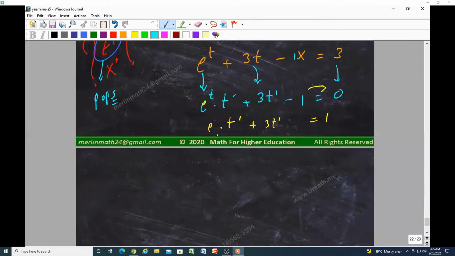You cannot add those, but you can take t prime as a factor. When you cannot add, you take a factor. How much is t prime then? 1 over e plus 3. Okay, good. Perfect. That's it. So this is the slope. Okay, we are done.